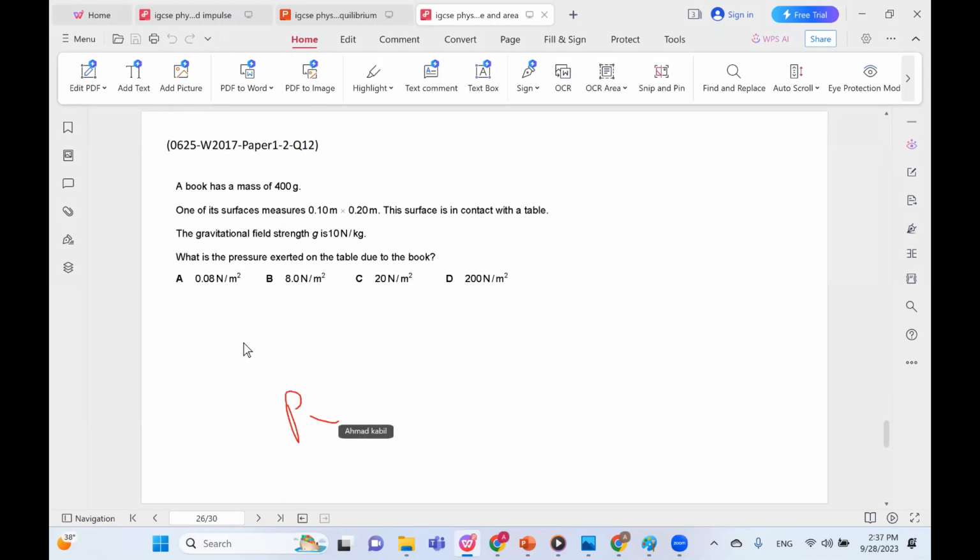So pressure equals force over area, which is the weight again. So mass times gravity over area. So the mass here is 400 grams. So we have to convert to kilograms. So we do 400 divided by 1000 and we get 0.4. So this is 0.4.